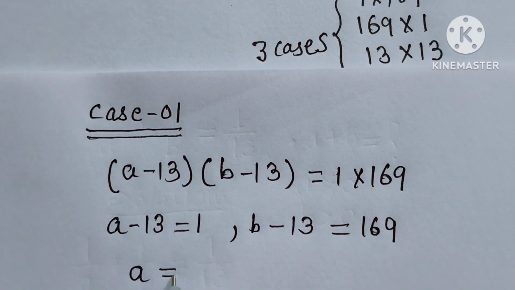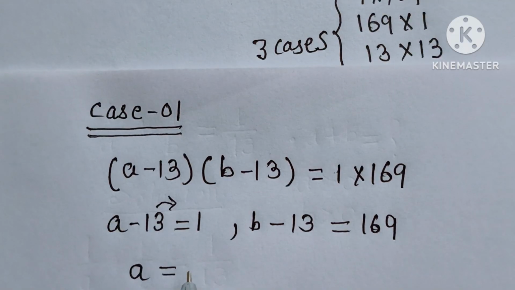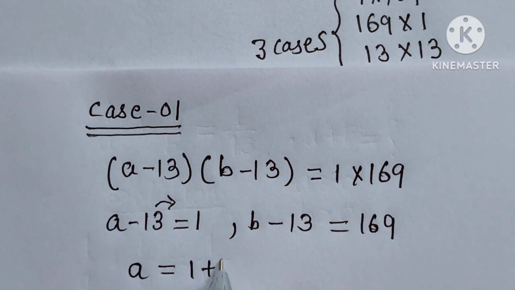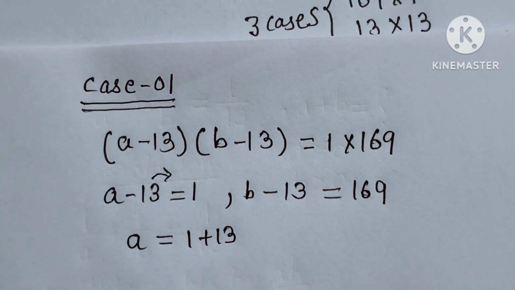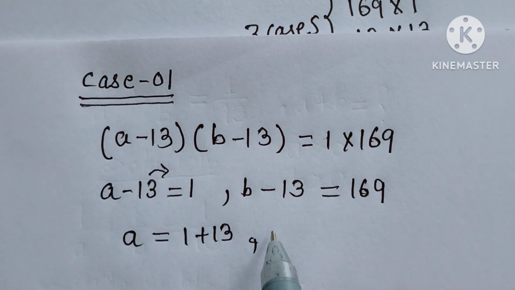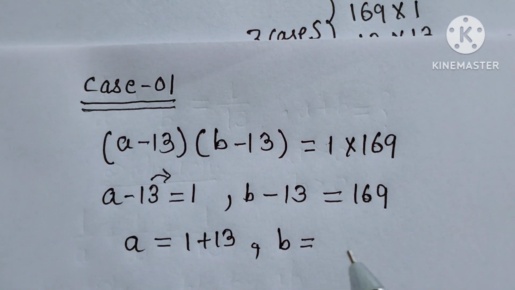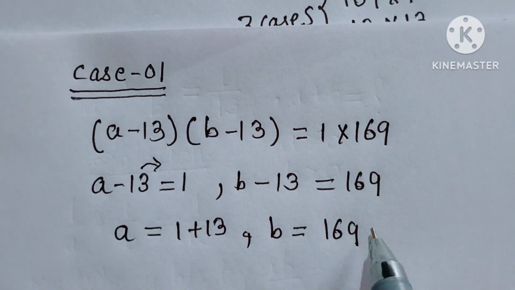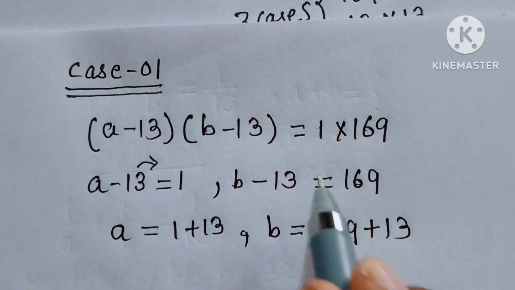A equal to 1 plus 13, B equal to 169 plus 13.